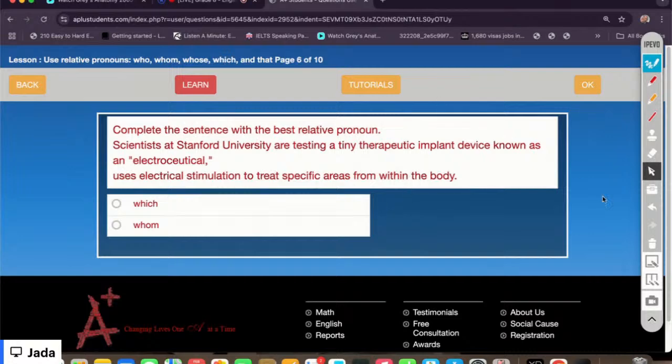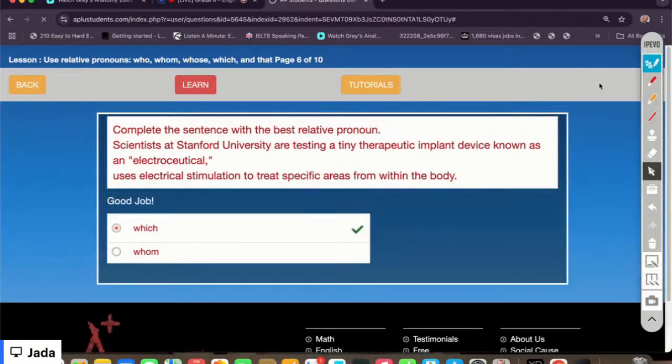What do you think? So, which uses electrical stimulation?